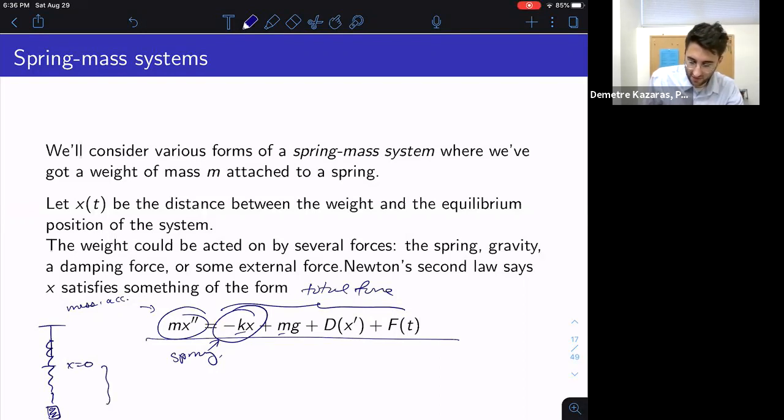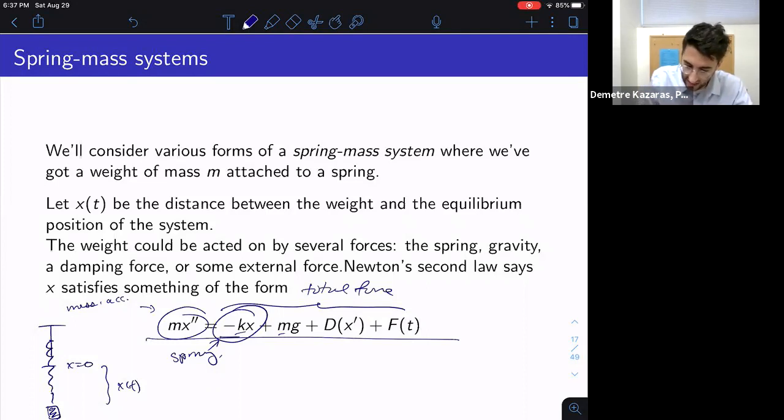If this is x of t, by definition, how does the spring act? Well, the further you pull it away from the equilibrium point, it will act in the direction of the equilibrium point in a magnitude proportional to how far away you pull it. That is the nature of the spring, how it acts.